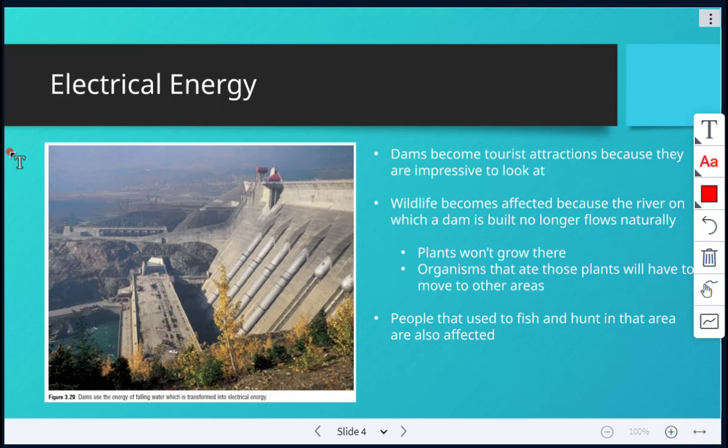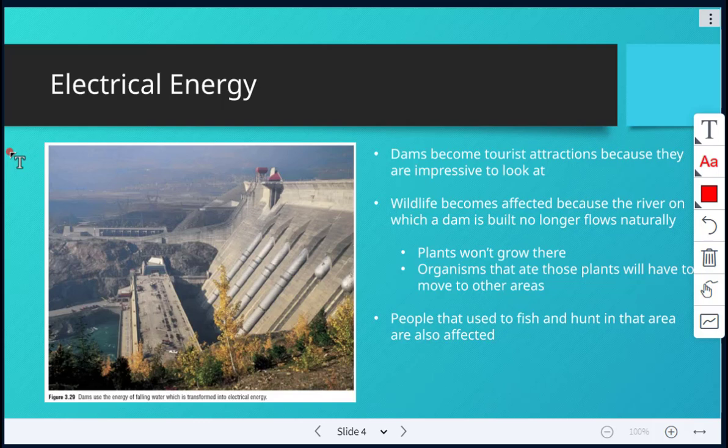All right, one thing to note about dams is they do become tourist attractions because they are very impressive to look at. But the downside is to nature, the environment and ecosystems. Wildlife becomes affected because the river is no longer flowing naturally.